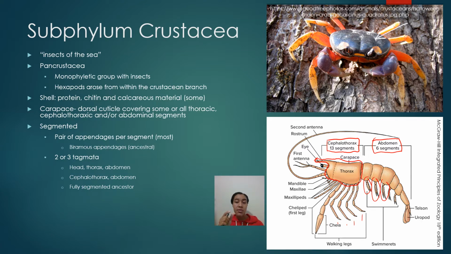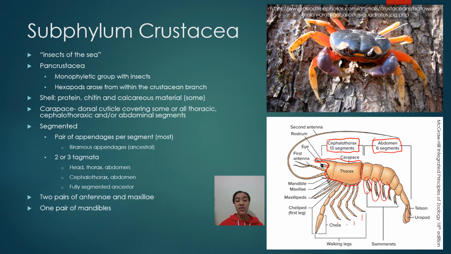There's only 2 segments that lie really close to the cephalothorax, but they do also have an abdomen. So all crustaceans, no matter what their tagmata, derive from a fully segmented ancestor. We'll see an example of a modern day crustacean that still has full segmentation and has biramous appendages, so it's thought to very closely resemble the common ancestor of all crustaceans.